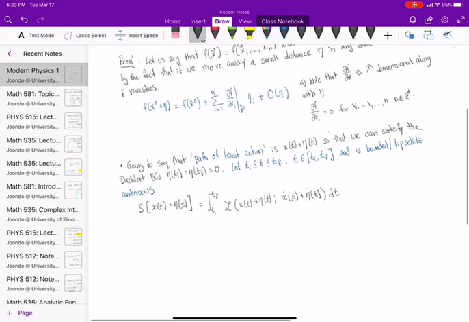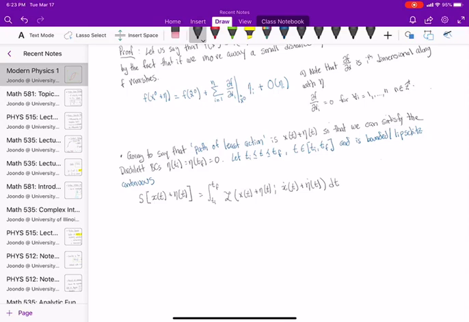Okay, good. Now we expand this term. We use the Taylor expansion to expand x of t plus a-s of t, and x prime of t plus a prime of t, and we get the following. Now, expanding, we get this is equal to x of t, initial, plus x prime of t.